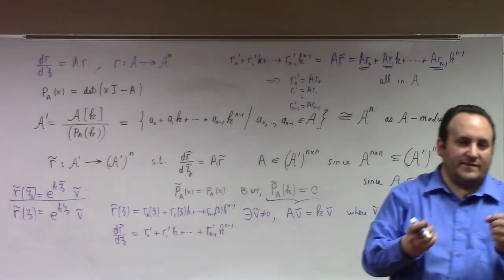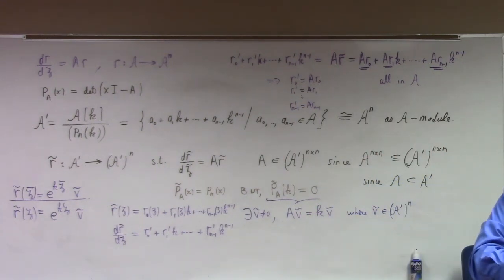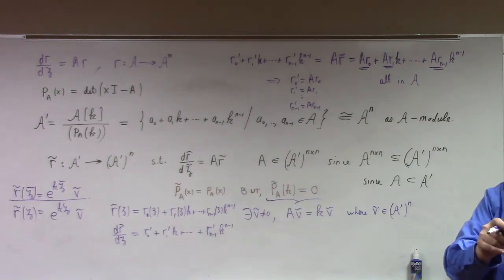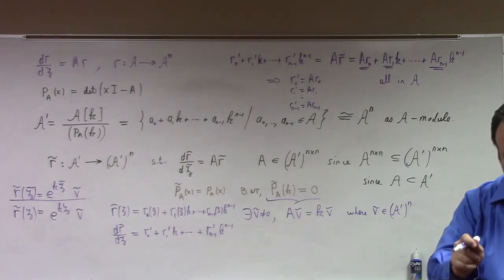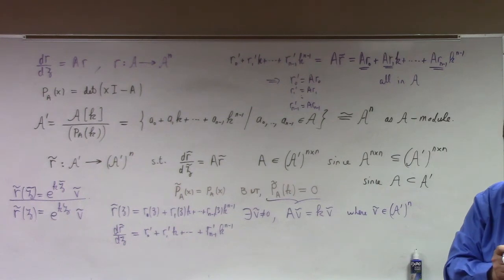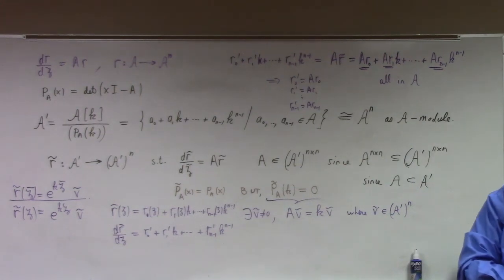So what I'm arguing is that the component functions of the extension solution, the component functions of the restriction of the extension solution to the algebra, form n solutions to the problem. How do you actually calculate them? How do you calculate these R0, R1 and so forth?